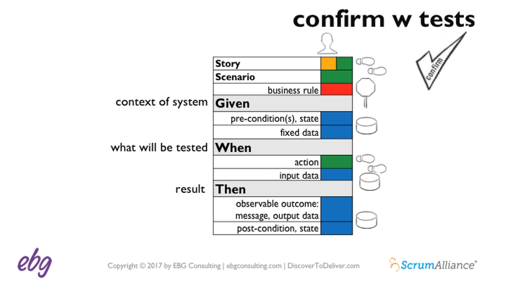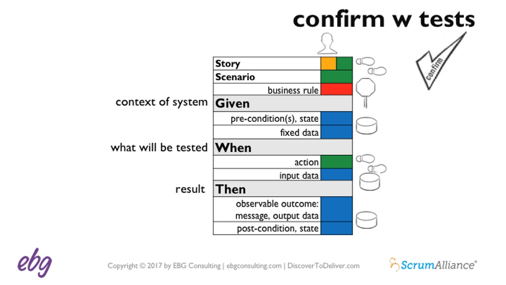The given is the precondition around the data, the fixed data. When an action and some input data is provided, then here are the results from a data point of view and the post-condition after that rule is executed.